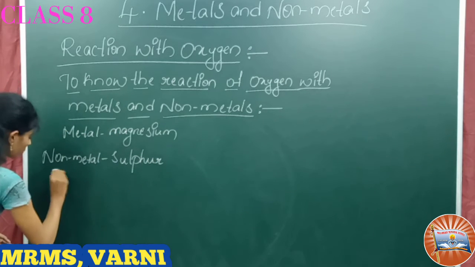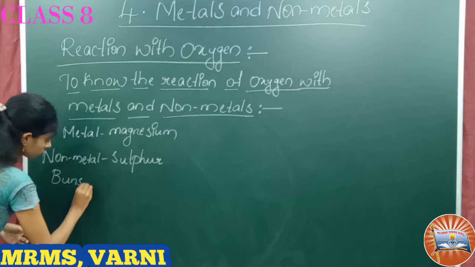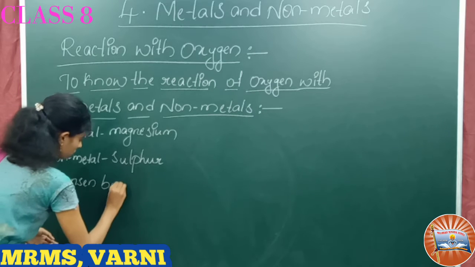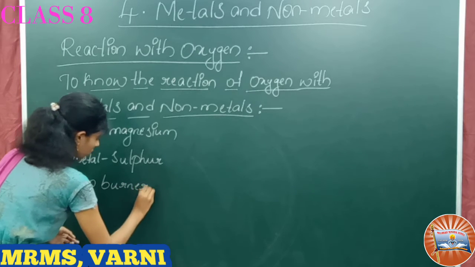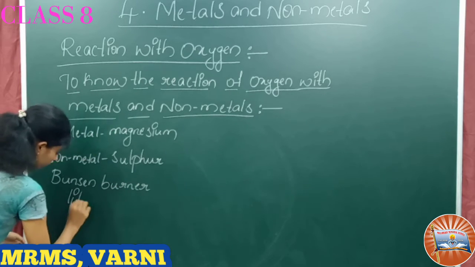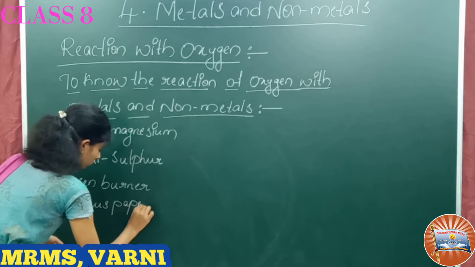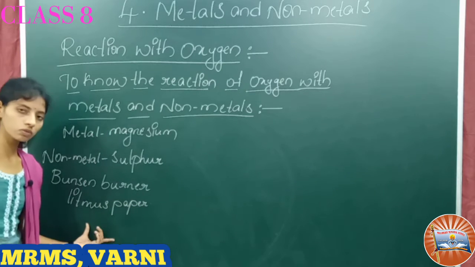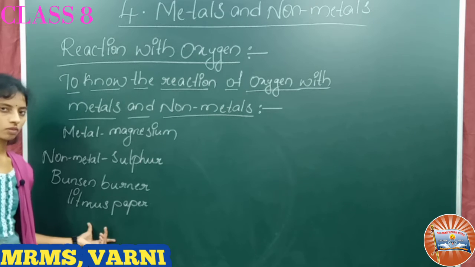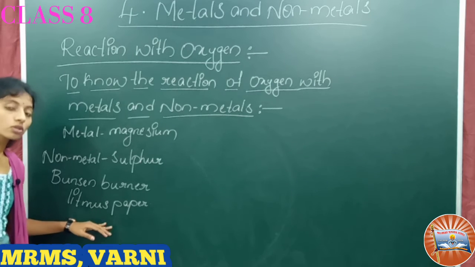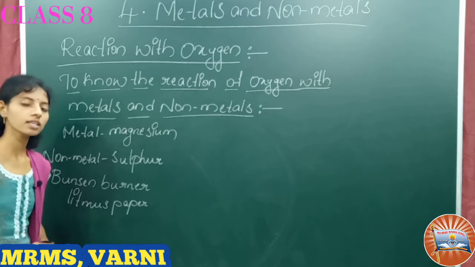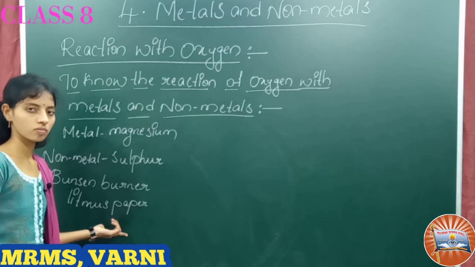And take one Bunsen burner and litmus paper. What is the use of this litmus paper? This is used to indicate acid and base solutions, right?